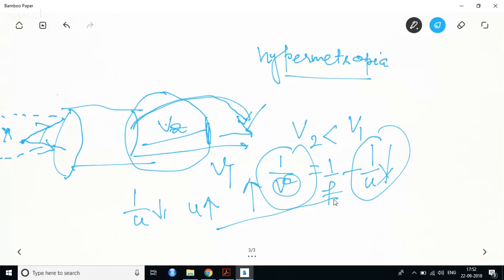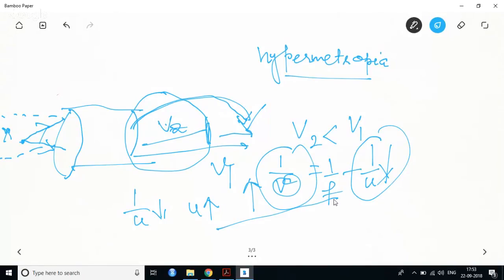Let me go to any numerical. Okay, one question which I can find in the NCERT book is that a person needs a lens of power minus 5.5 diopter for correcting his distant vision.